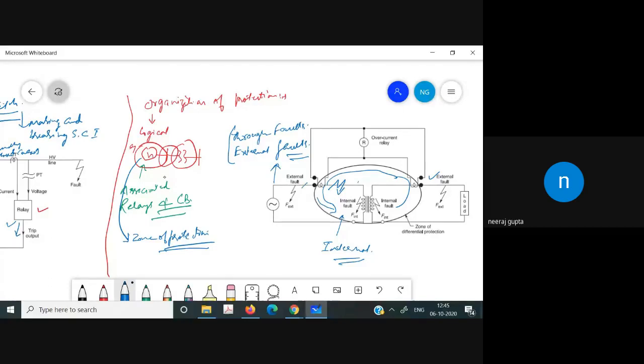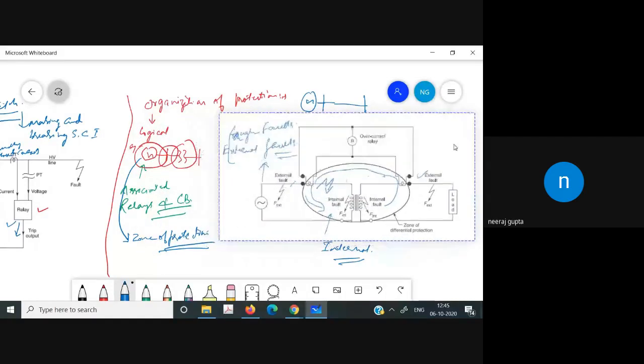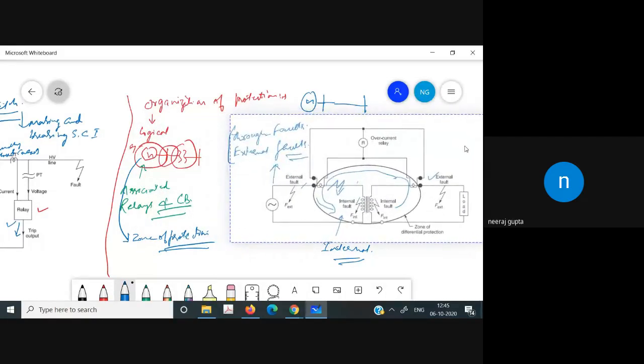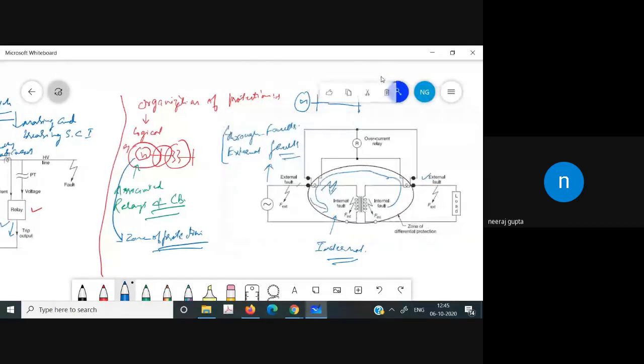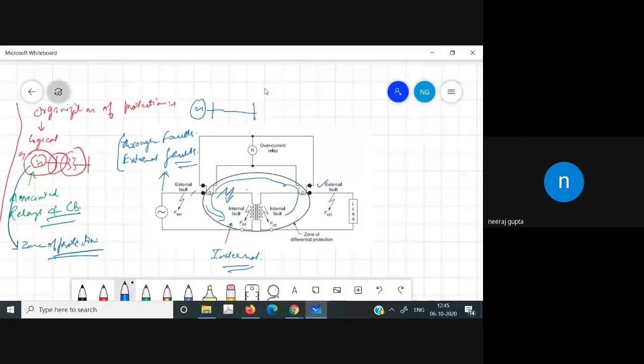Now, let us suppose that we have the system, and here we have the protective system.